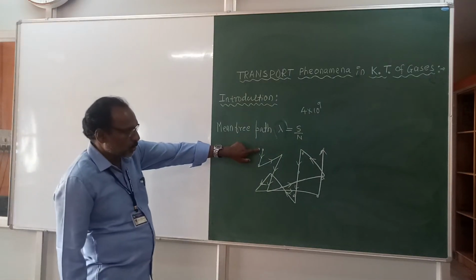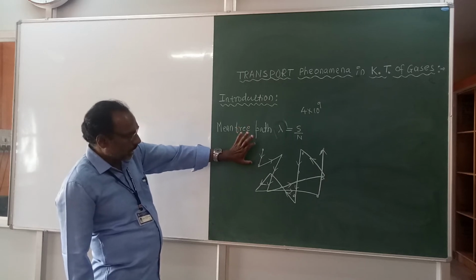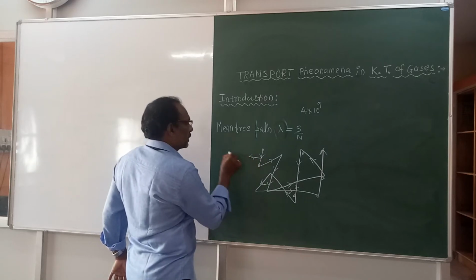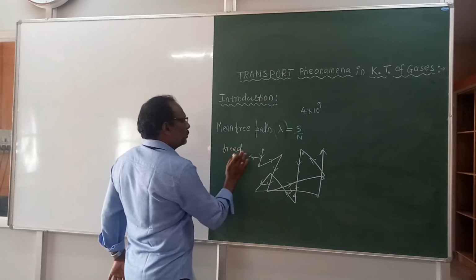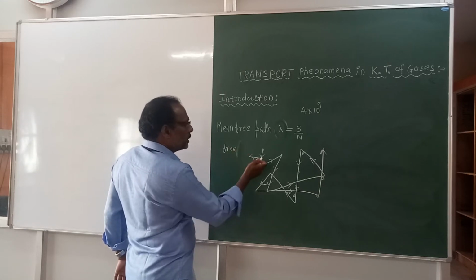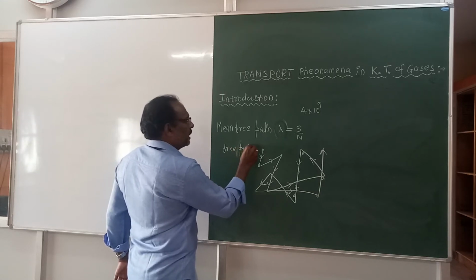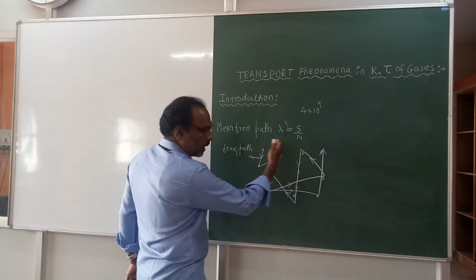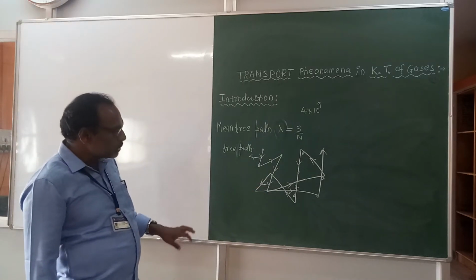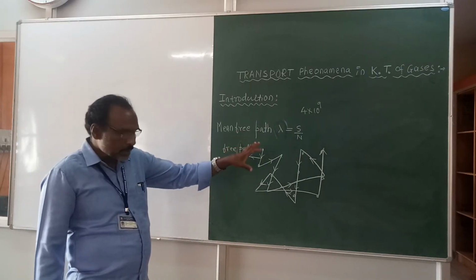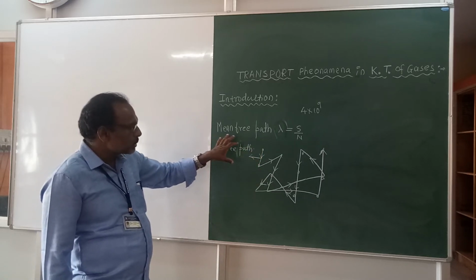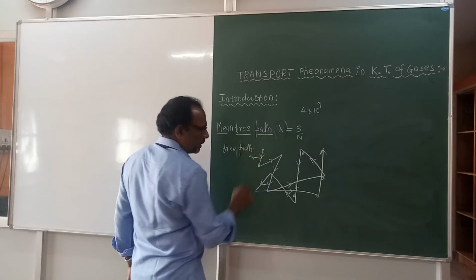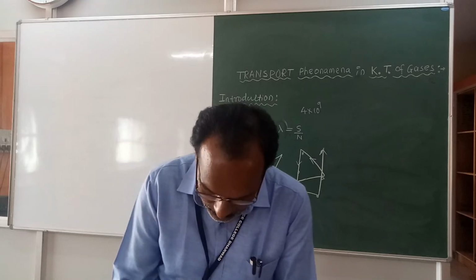This is one molecule position, this is another molecule, they collide. After collision they travel this path, and this path is known as the free path. The distance between two collisions is the free path, and the path is a straight line. If you take the average of this path, the average path between successive collisions of the gas molecule is known as the mean free path.